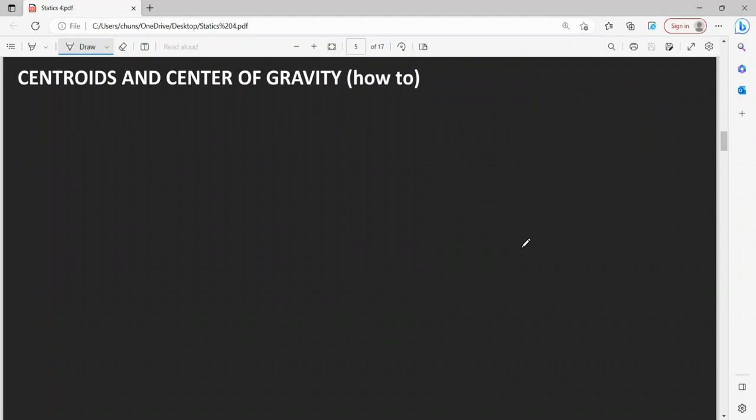So that brings us to centroids and center of gravity. So what are they? Center of gravity, as the name would suggest, is a center of mass. So in a shape, if you apply loads to either side, think of balancing a pen on your finger, right?